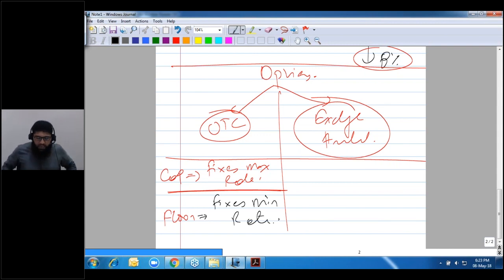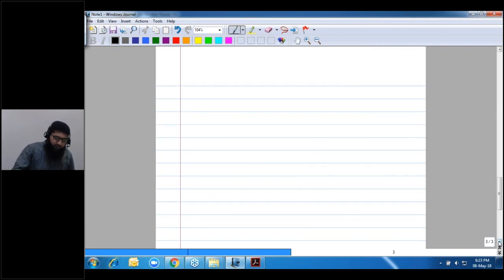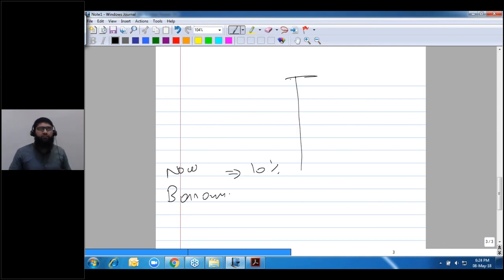Now, let's try to understand what exactly a cap is and what exactly a floor is. Assume that the interest rate is now 10% and I am a borrower. So if I'm a borrower, I am facing a risk that if the interest rates move up, let's say to 12% or 13%, I don't want to be borrowing at that rate. So I need to undertake an option.